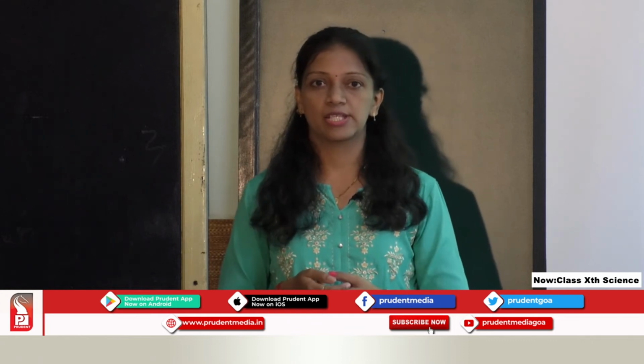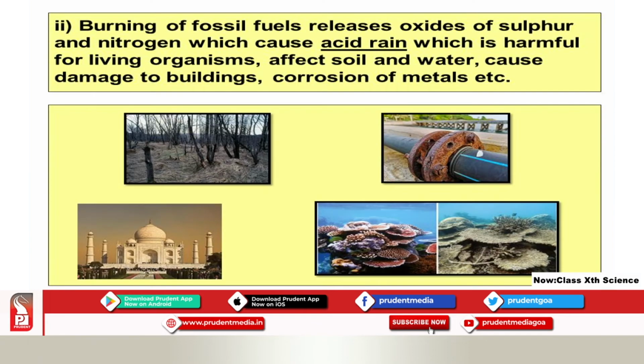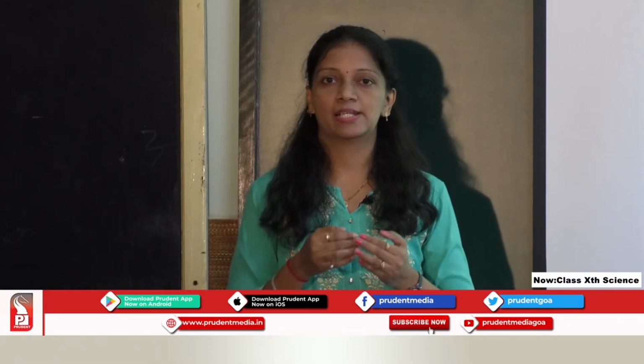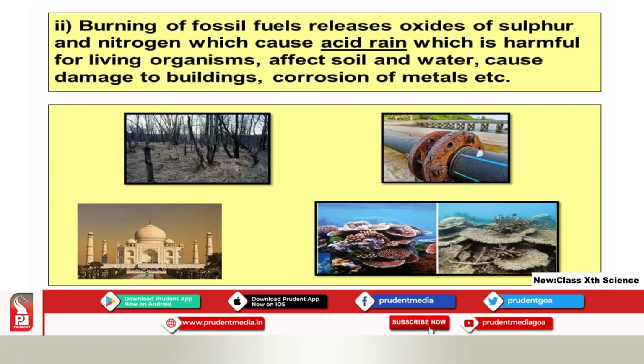Secondly, when acid rain rushes into water bodies, it harms all the aquatic life very badly. Also, acid rain affects buildings. We know the very famous monument, the Taj Mahal, has been corroded due to acid rain.